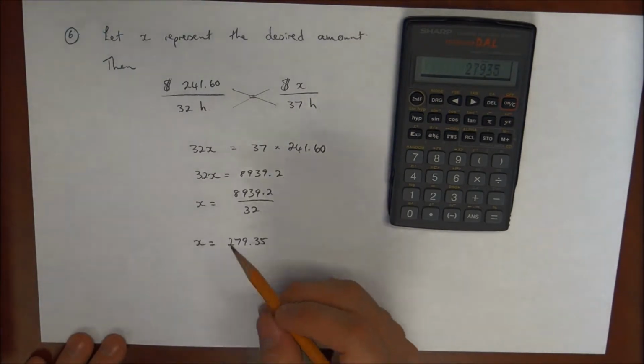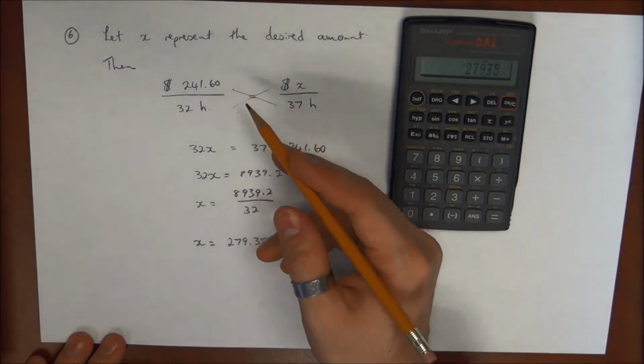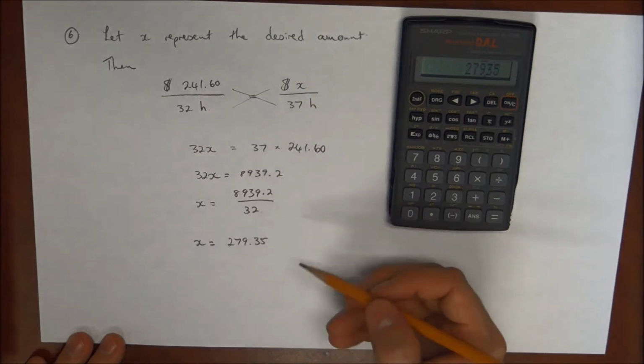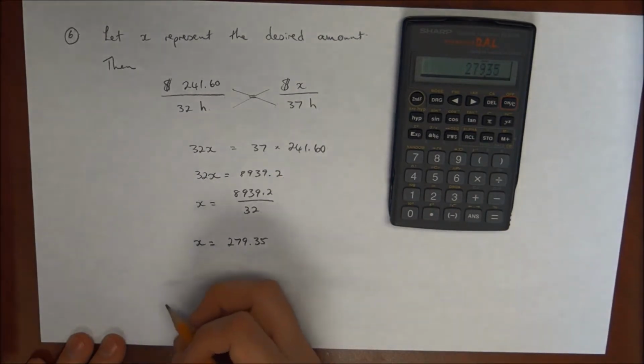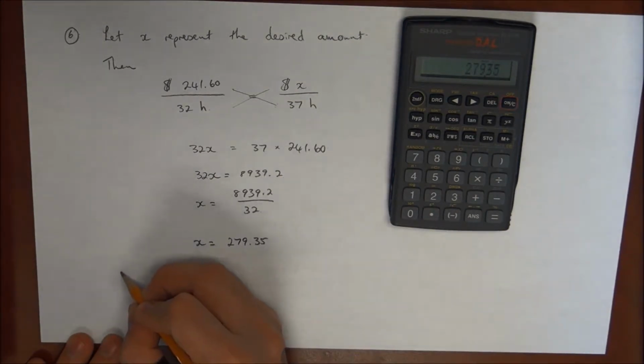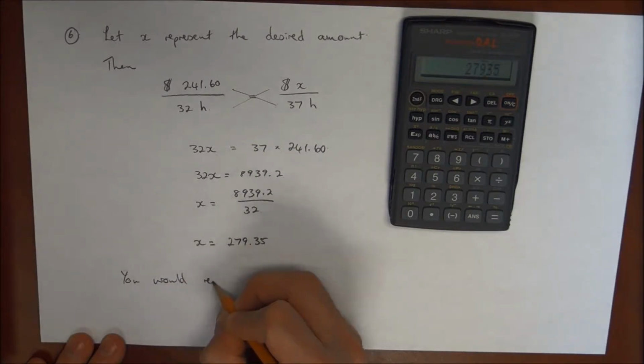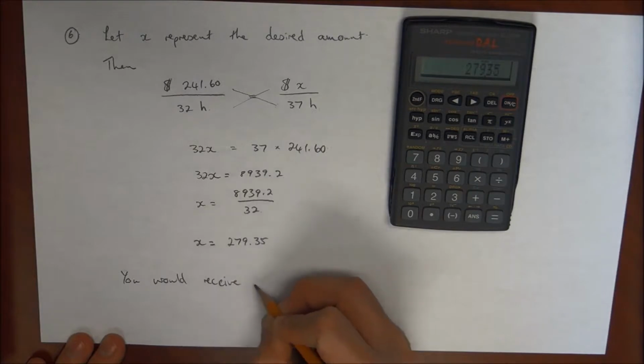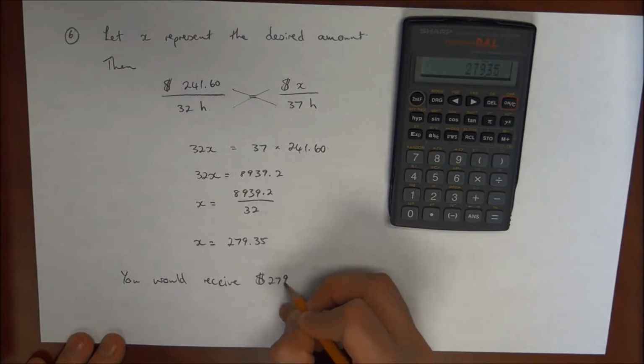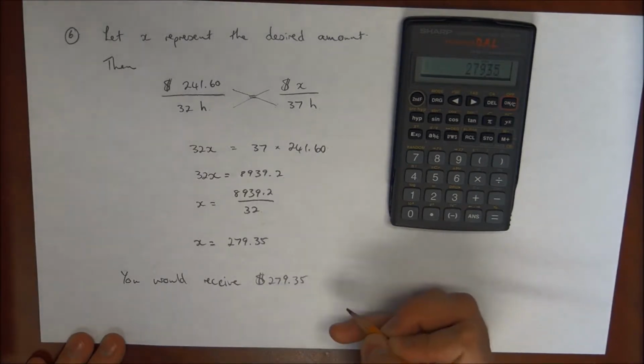Now I don't want to leave it like that. X was used as a temporary variable to help my calculation. I want to write a concluding sentence saying you would receive 279.35 cents.